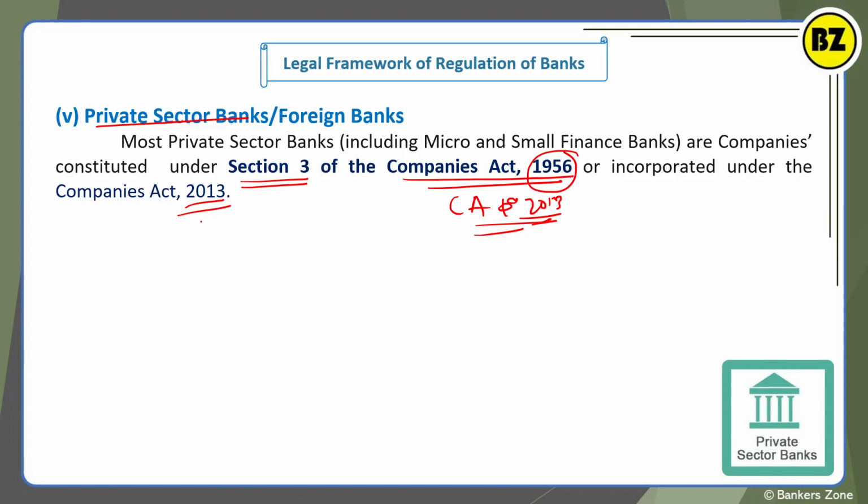Now how are the banks constituted? Simply the same, most of the private sector banks are registered under section 3 of the Companies Act 1956, or say Companies Act 2013. So basically all the private sector banks are companies. Got it?